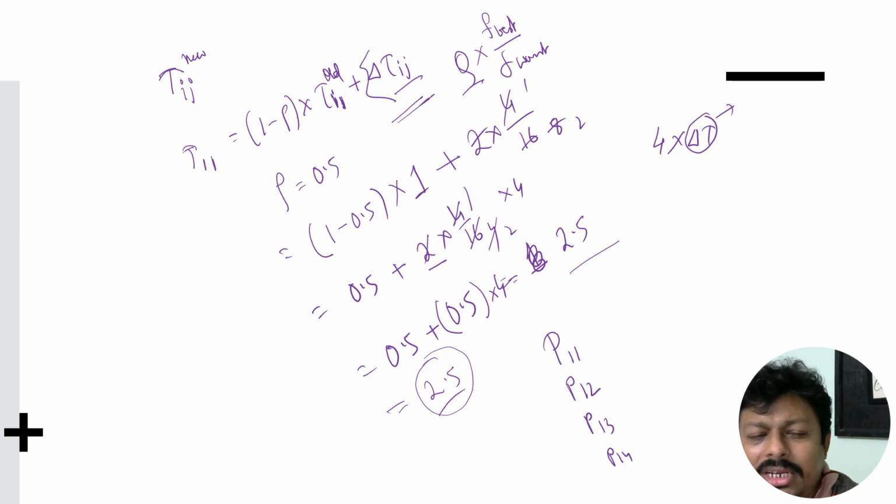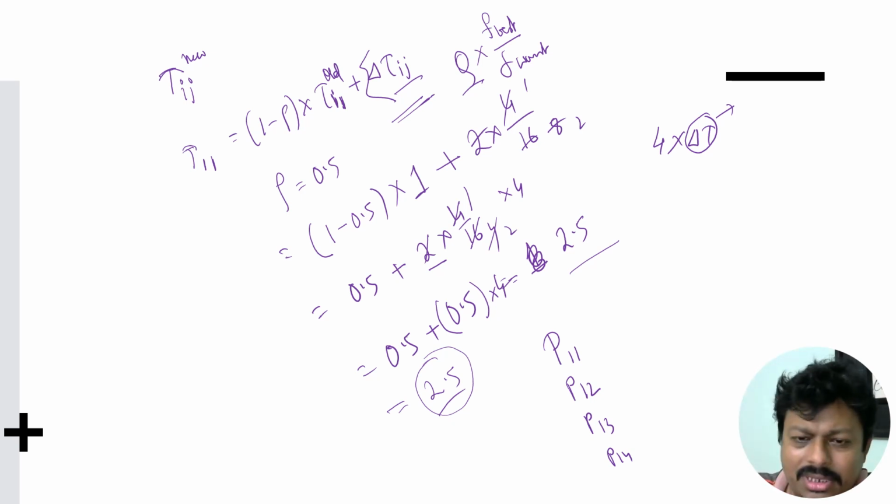But in the initial iteration the amount of pheromone is the same. That is why straight away you can multiply 5 into the value of delta. Okay, now let us come. There is some mistake. So this is what happened. This is for a path.